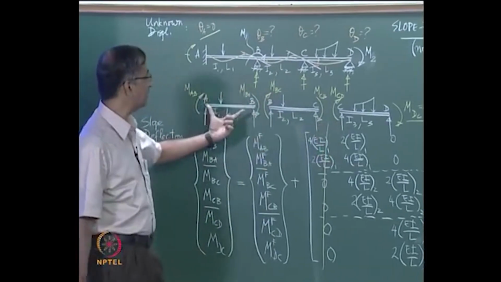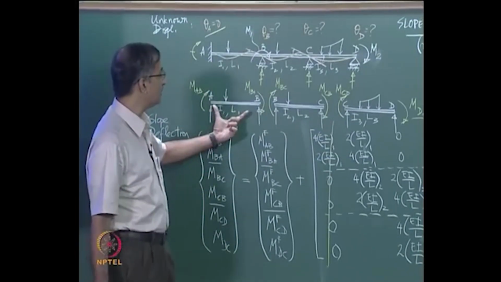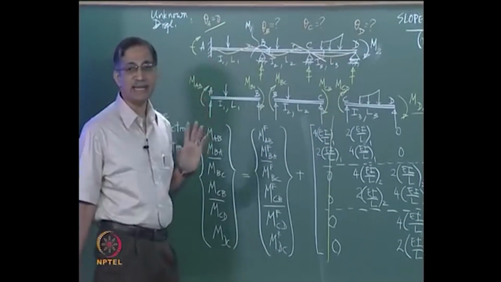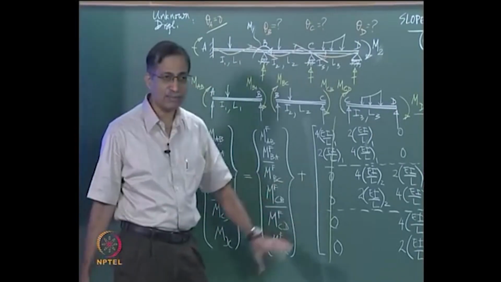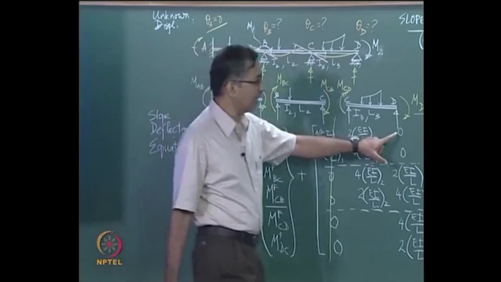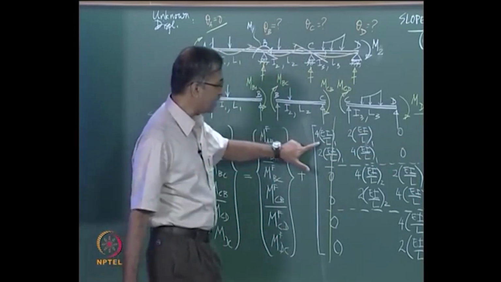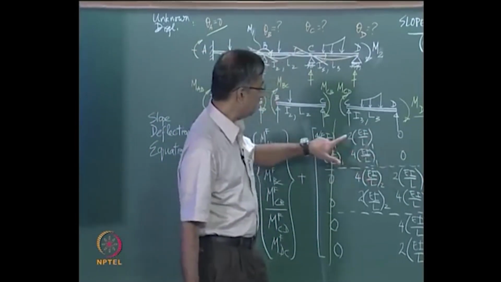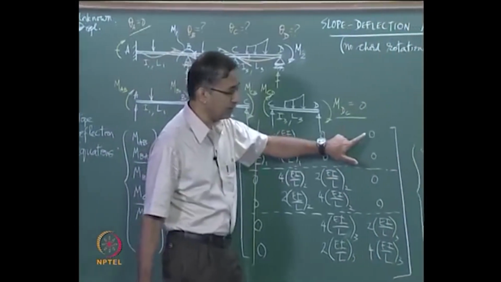Each segment, the expressions for the end moments depend only on the end rotations of that segment. So you will find when you write it in a matrix form, you will find that these values are 0. MAB is MFAB plus 4 EI by L1 into theta A plus 2 EI by L1 into theta B plus 0 into theta C plus 0 into theta D.